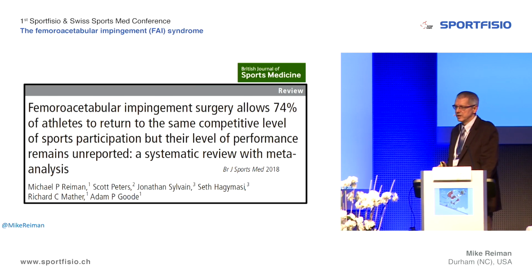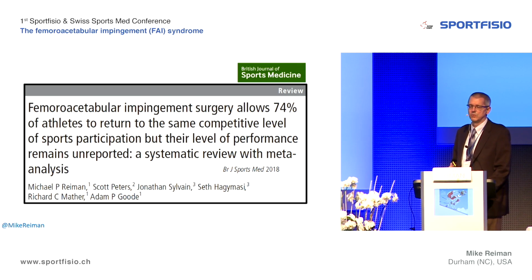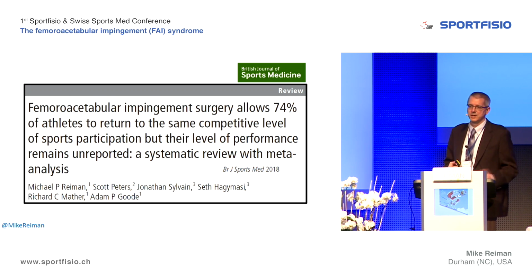But the concern here is, are they getting better, right? This was a systematic review that we published, and it looked at, if these people have surgery, do they actually go back to their sport? And do they go back to their sport at the same level that they came into it with? There have been a couple of different systematic reviews published on return to sport, and all three of them agree that going back to the sport is about 9 out of 10 people.